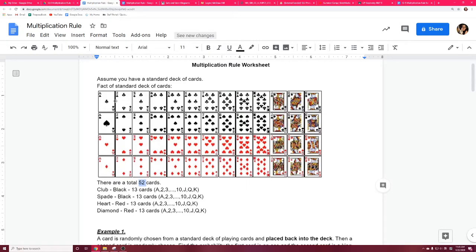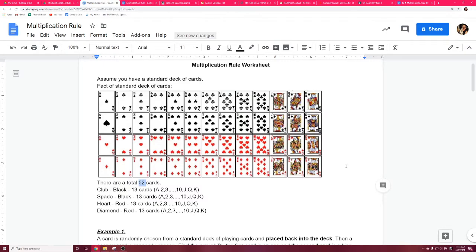diamond. Club and spade are black cards, and in each of them, you will have ace. In some countries, we also count it as 1, then 2, 3, 4, 5, 6, 7, 8, 9, 10, and then jack, queen, and king. The same thing goes for spade, and also heart and diamond, which we count as red cards.